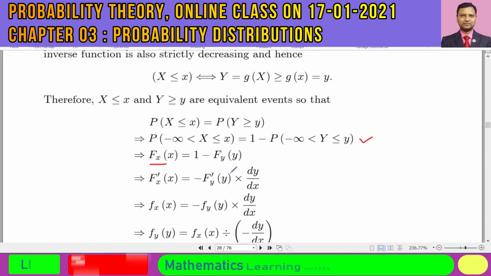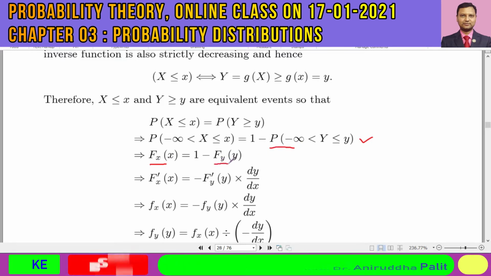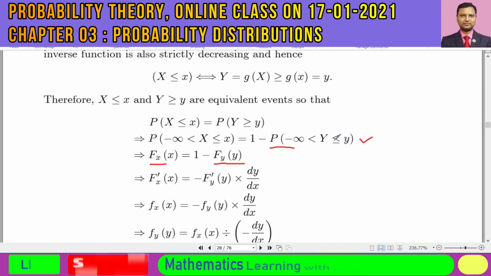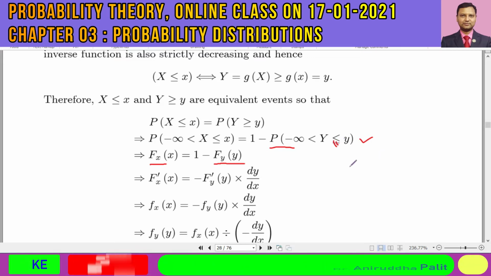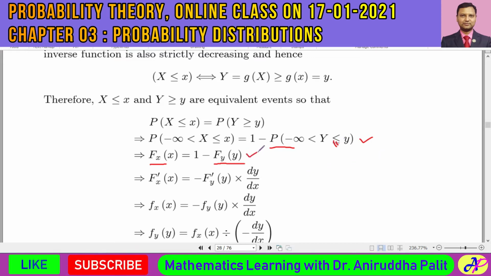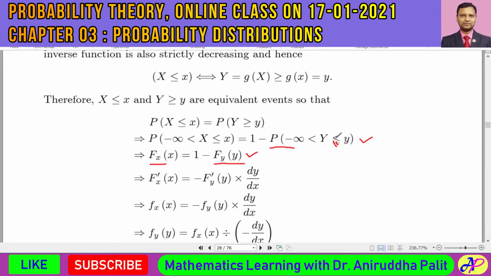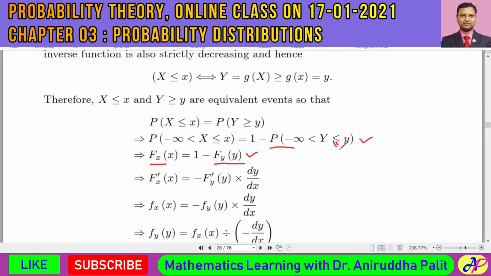So we have this much, and this left hand side can be written as the distribution function of X, and this expression can be written as the distribution function of Y. You see, I have made a printing mistake over here; that should be strictly less than y. Although this is correct, because in the case of a continuous distribution, the inclusion of just one point does not change the probability.